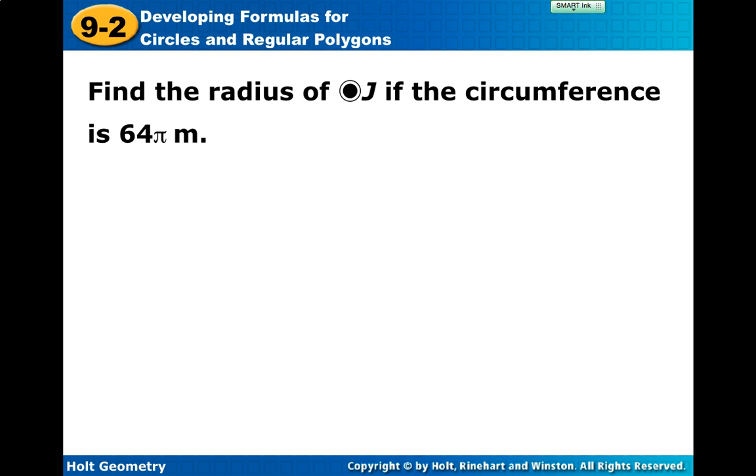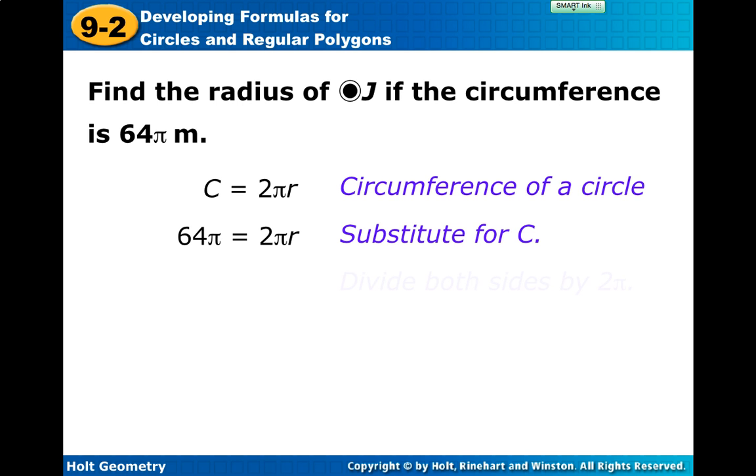You want to eliminate things so that you have radius or diameter, depending which formula you're using. And you can divide each side by pi. That will actually eliminate the pi symbol. You probably would also divide each side by 2. I divided by both at the same time. I got 32 for the radius. The M is the label used.